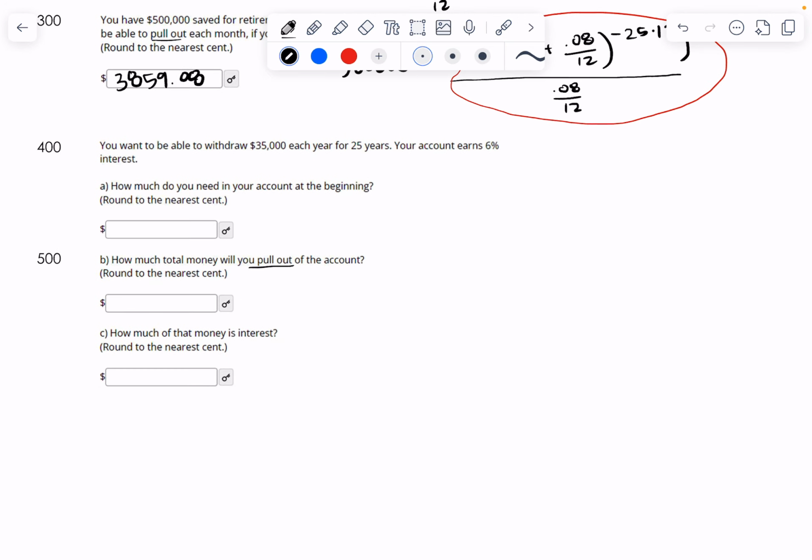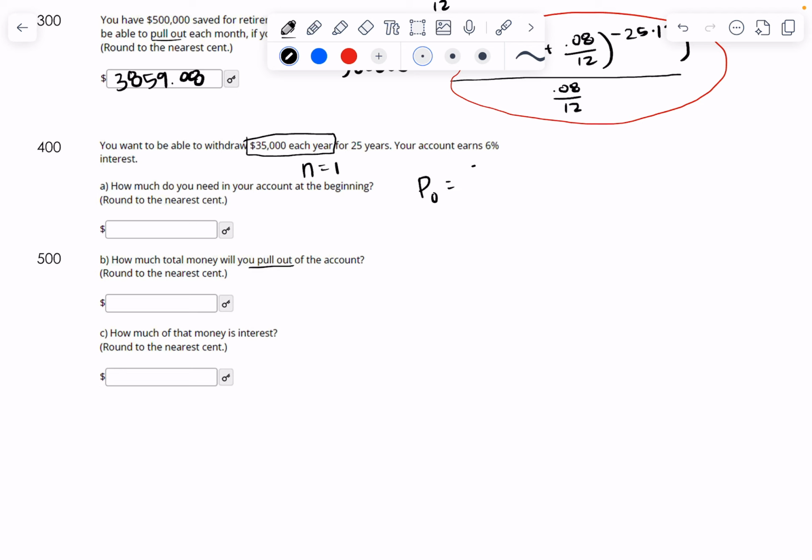This one is a little bit different because it says you want to withdraw money each year. So the compounding frequency is going to be 1. It's not going to compound monthly. It's going to compound yearly, the same as the withdrawals. So how much do you need to have in the account at the beginning?